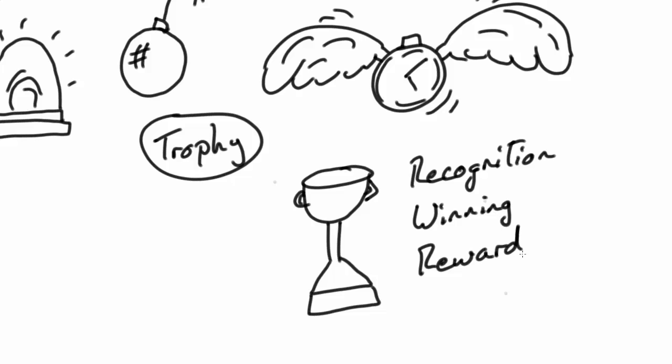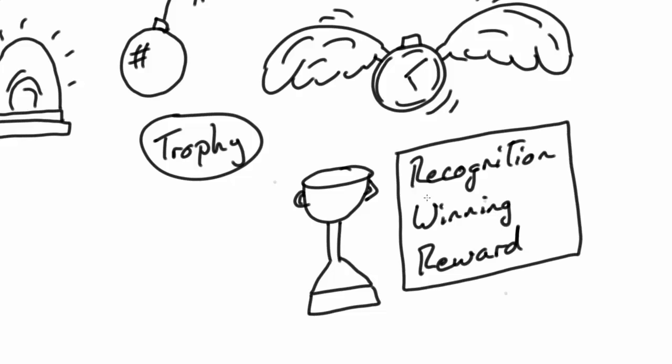Whenever you think of these words that are not concrete words, initially they're more difficult to represent in picture form. But because I worked backwards and gave you the idea that we have a trophy, and what kind of words can be used to represent a trophy, we have recognition, winning, and reward.